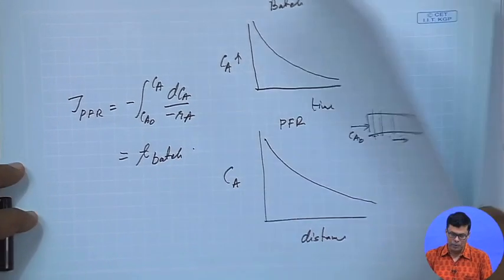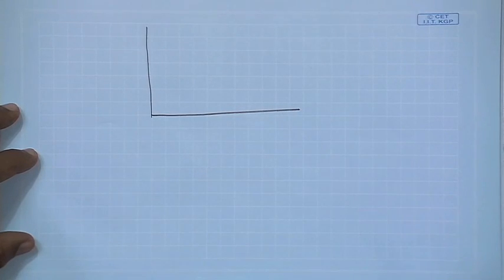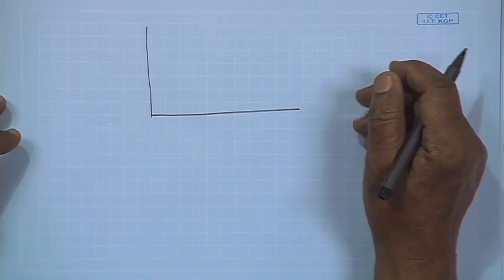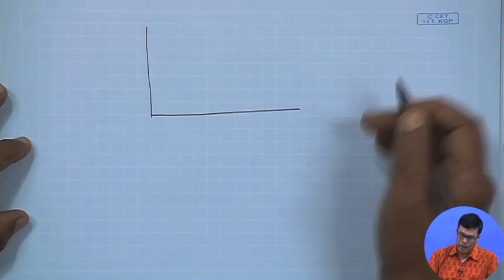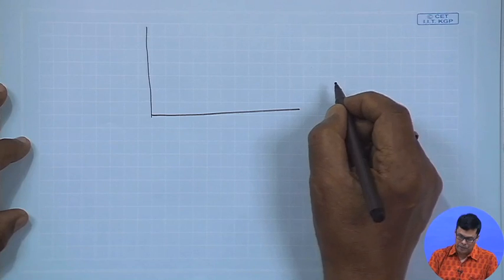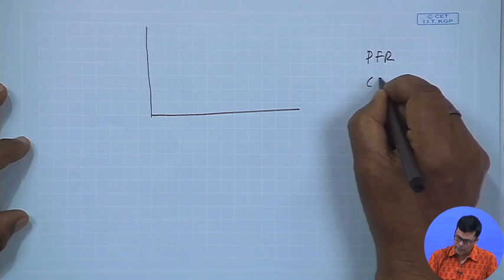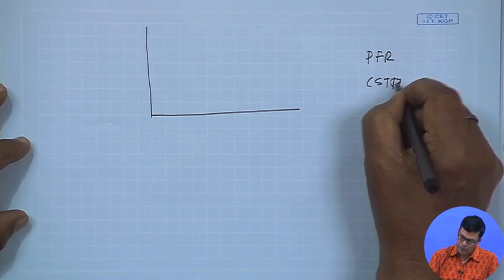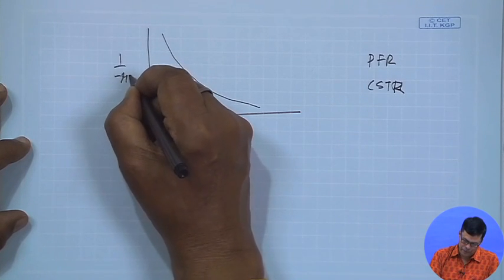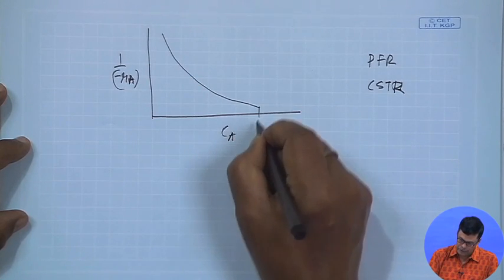Now I was talking about the selection of the reactor. This is very important. Suppose I want to operate, because we always operate the continuous system. The reason is that the rate of product formation in a continuous system is much higher than in a batch process. Suppose we have a plug flow reactor and a CSTR, and the correlation between 1 by RA and CA is like this.